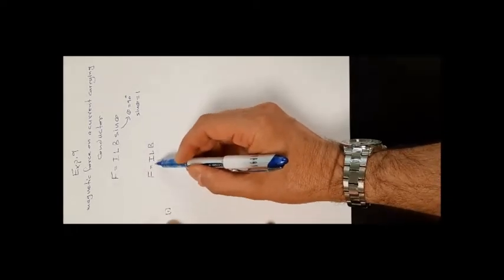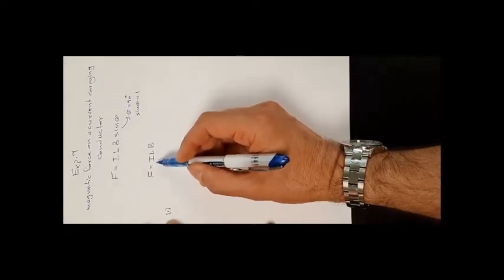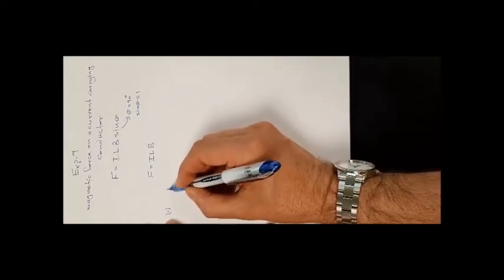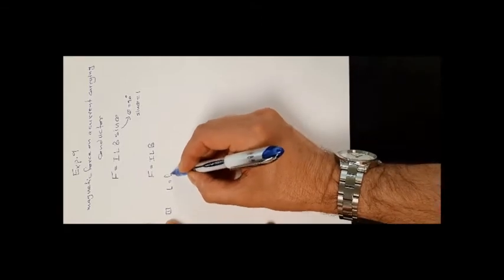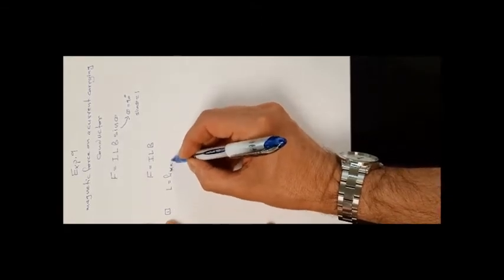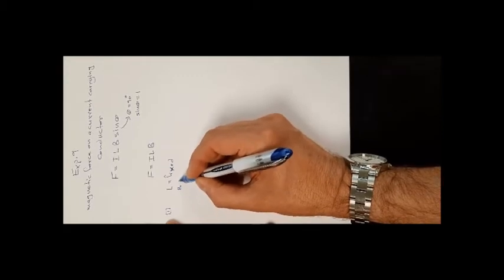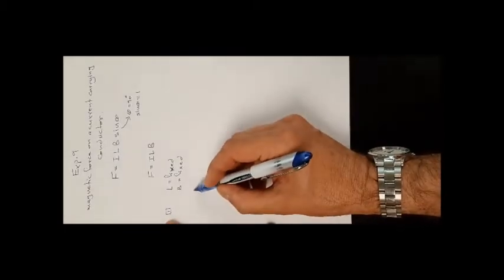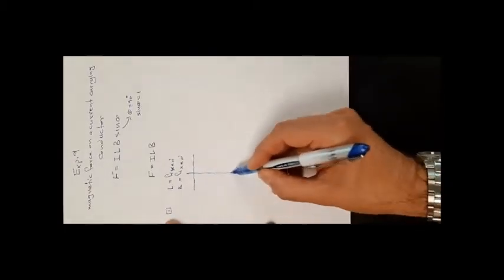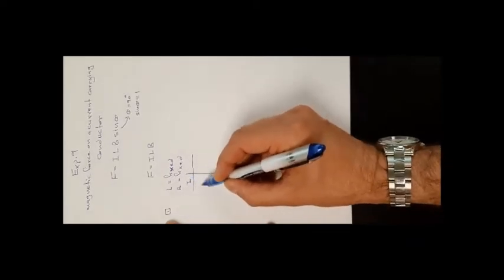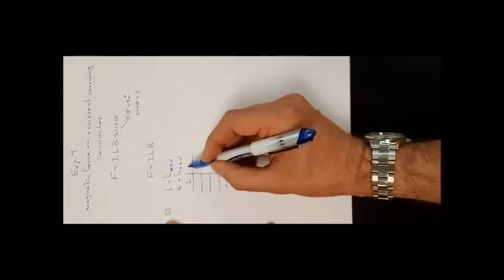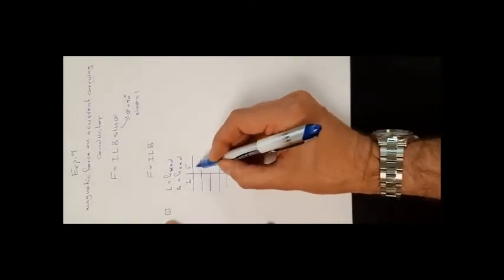We will use a fixed length of the wire and a fixed value of the magnetic field, but we will use different values of the current. Several values of the current: 1, 2, 3, 4, and for each current we will measure the force in newtons.